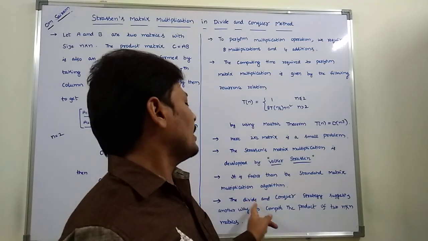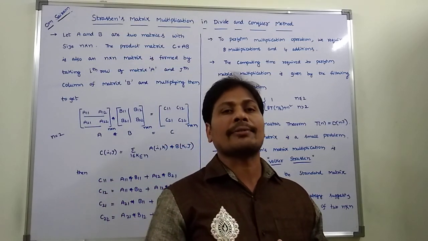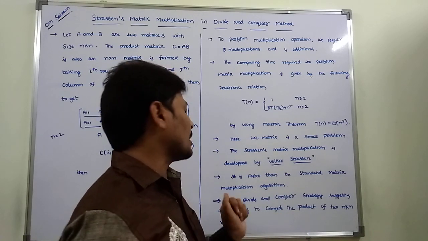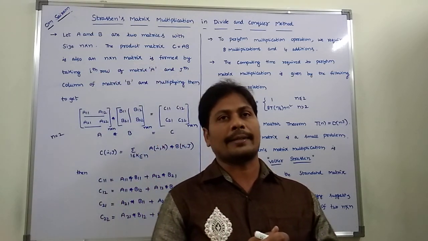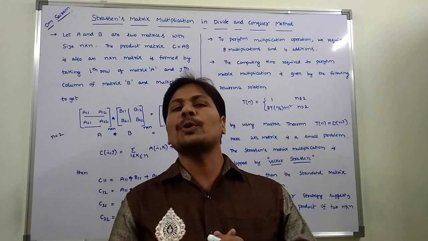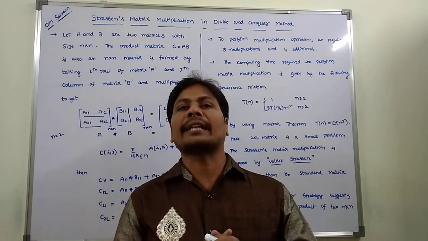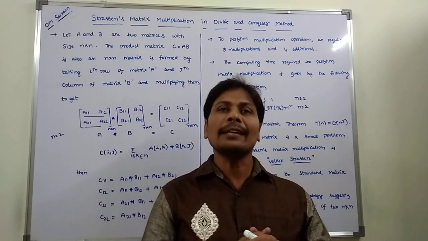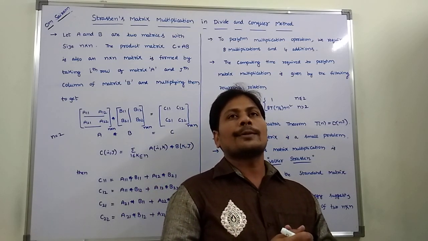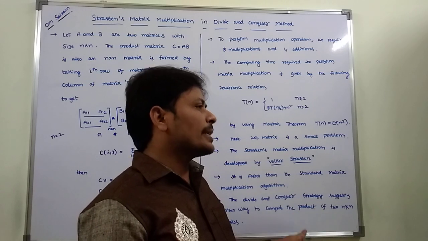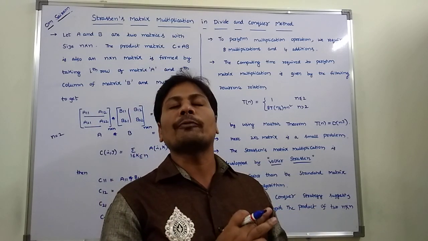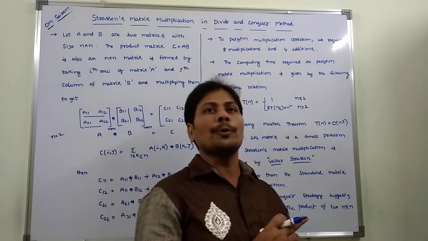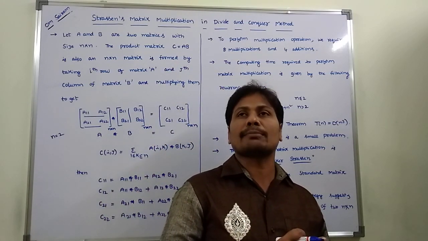Next, the divide and conquer strategy suggests another way to compute the product of two n by n matrices. Here we have to use the divide and conquer technique if the size of the matrix is greater than 2.